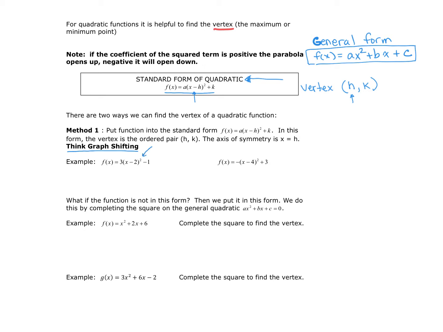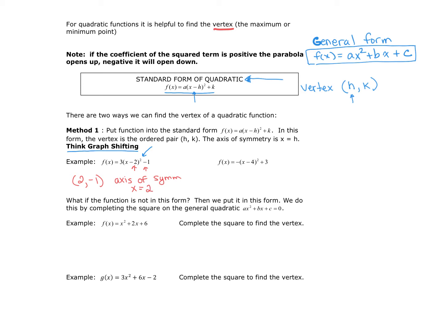So we should recognize this as a parabola, and we have shifted it to the right 2 and down 1, which means our vertex is going to be 2, negative 1, and our axis of symmetry has to go through that, and it will be x equals the x coordinate, which in this case is 2.